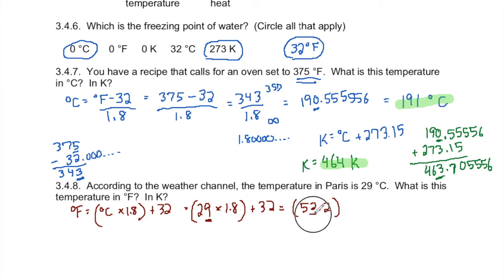The multiplication gives us 52.2, but only with 2 significant digits. So we have uncertainty in the ones place. If we add 32 to that, we get 84.2, but the uncertainty again is in the ones place. So we should round that to 84 degrees Fahrenheit.